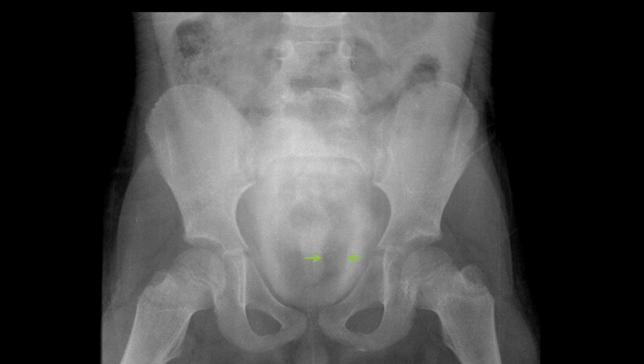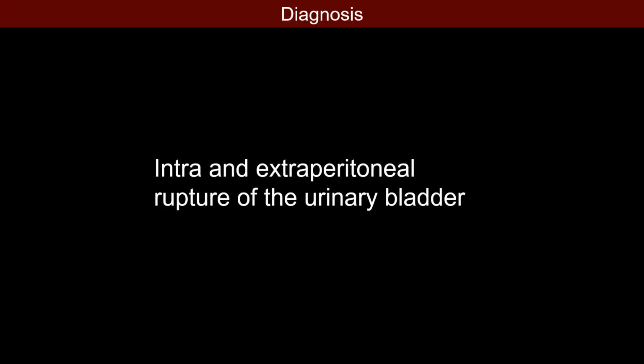See how it is thick between the green arrows. You see also the orange arrows pointing to the site of the urinary bladder wall tear. So the diagnosis here is intra and extraperitoneal rupture of the urinary bladder.